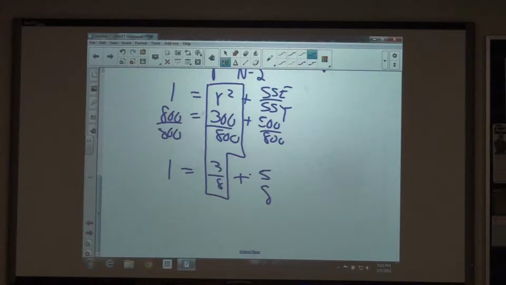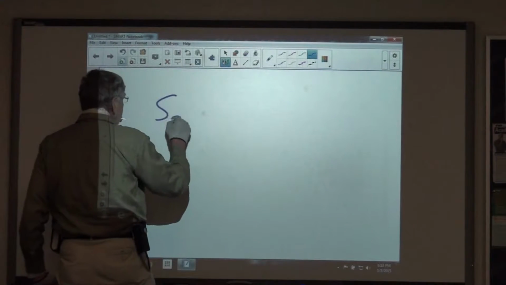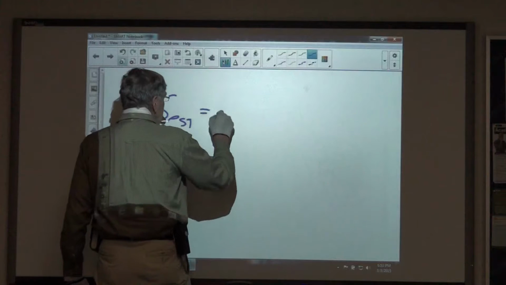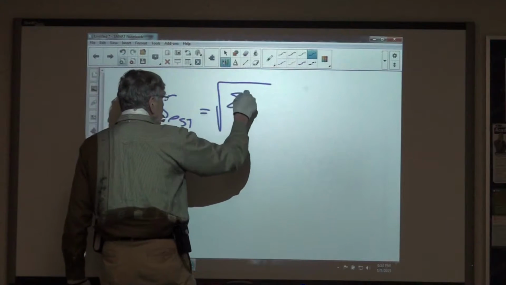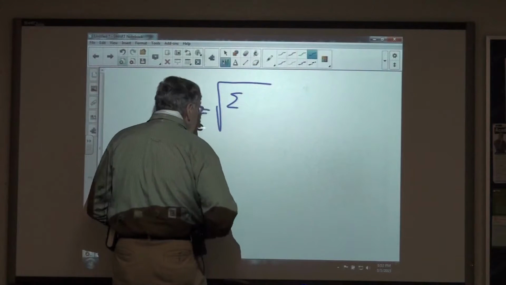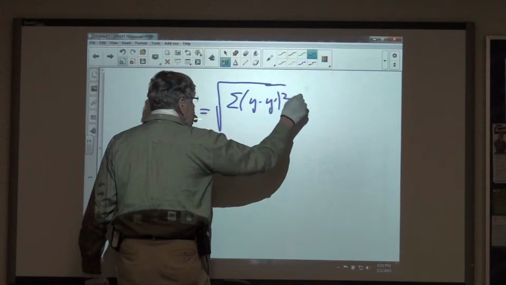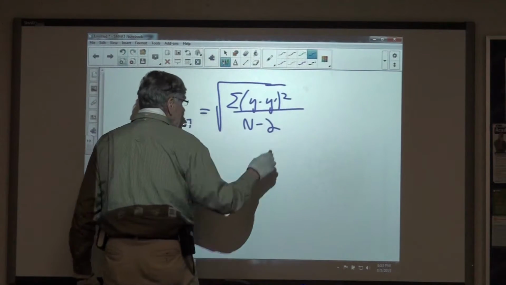Okay, now we've established that the standard error of the estimate is equal to the square root of the sum of y minus y prime squared over n minus 2.